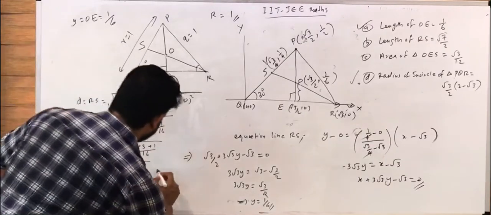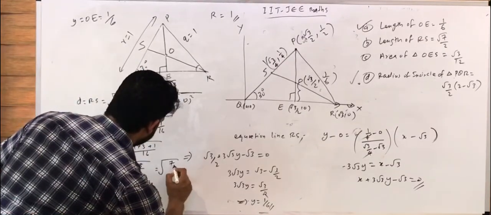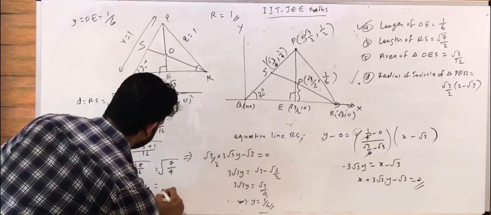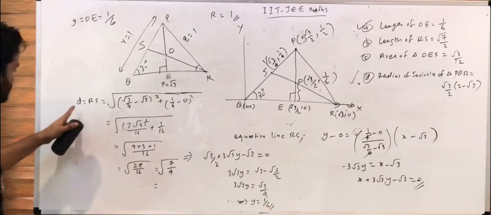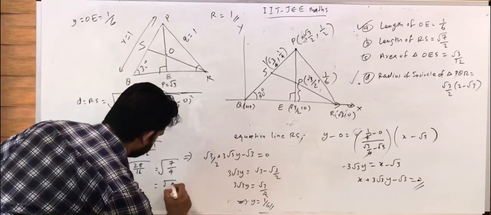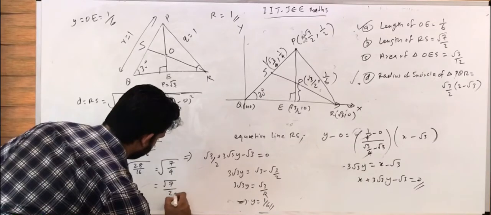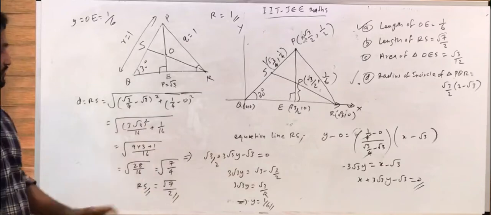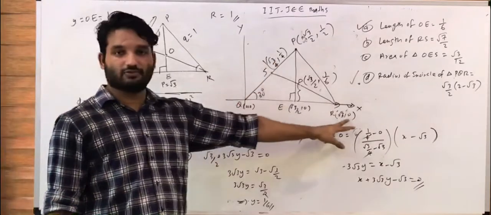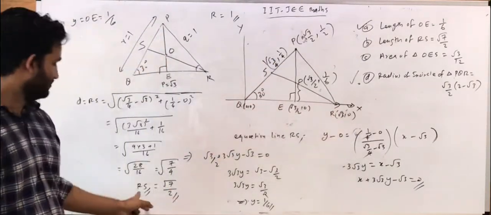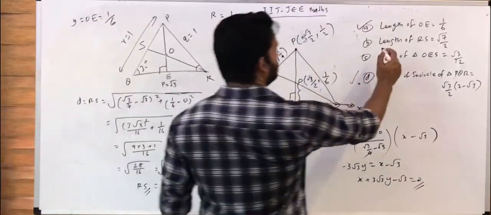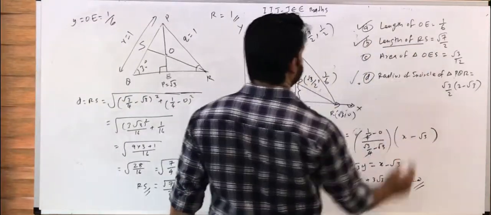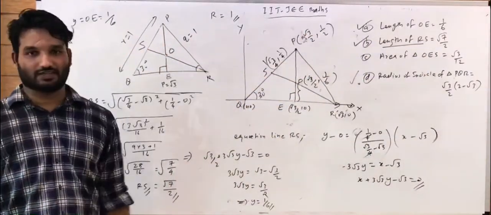This will again be simplified into 7 by 4, and once we take the square root, 7 by 2, that is RS. So using the distance formula we have got RS equal to root 7 by 2. So the length of the median RS, option B, is also correct.